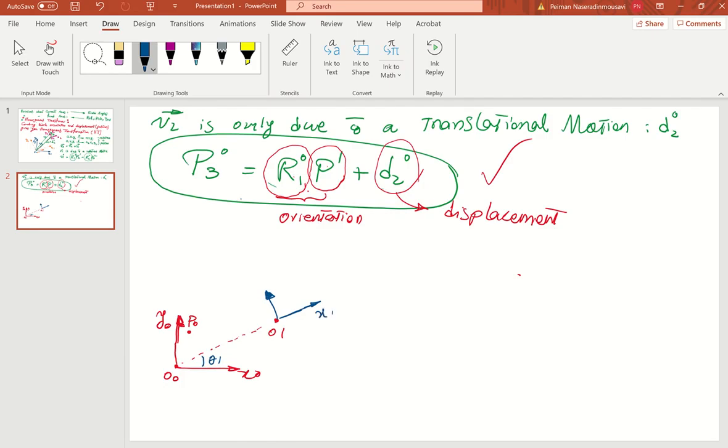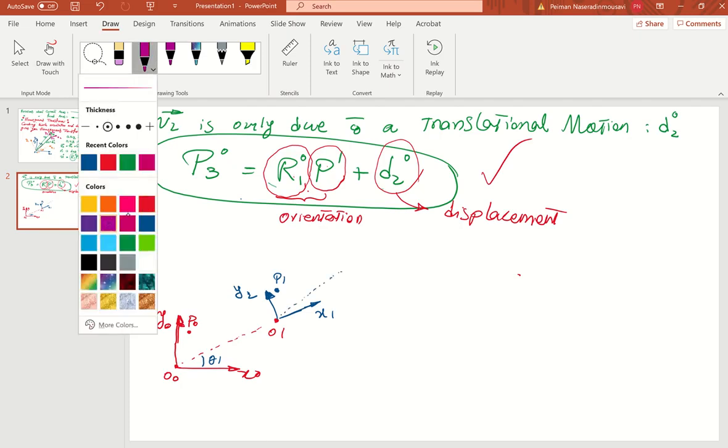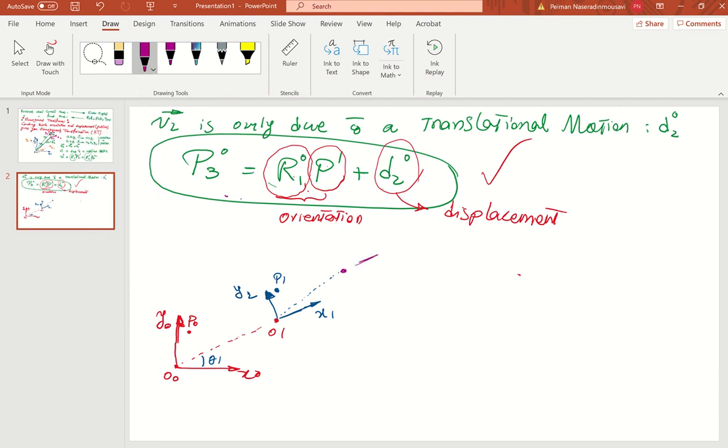So it's going to be O1, X1, and Y1. So we have P1, the newly transferred point. Then I'm transferring everything from this origin to a new one, O2, X2, and Y2, with a rotation of theta 2.